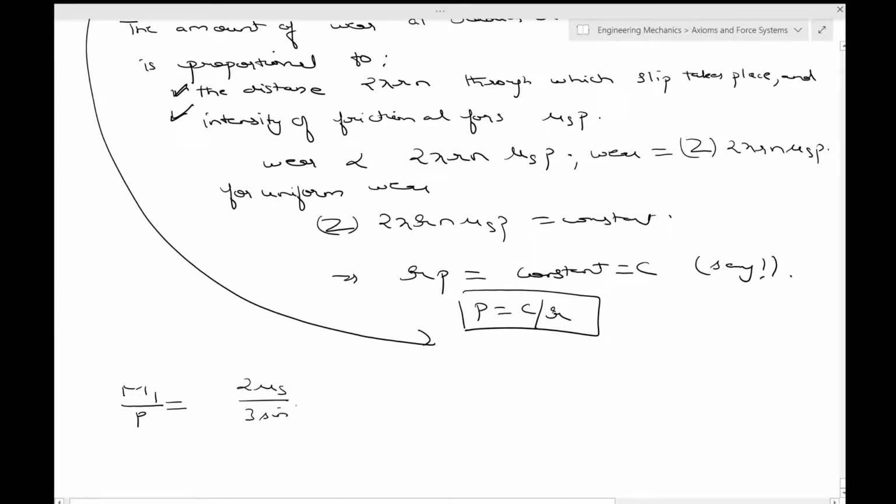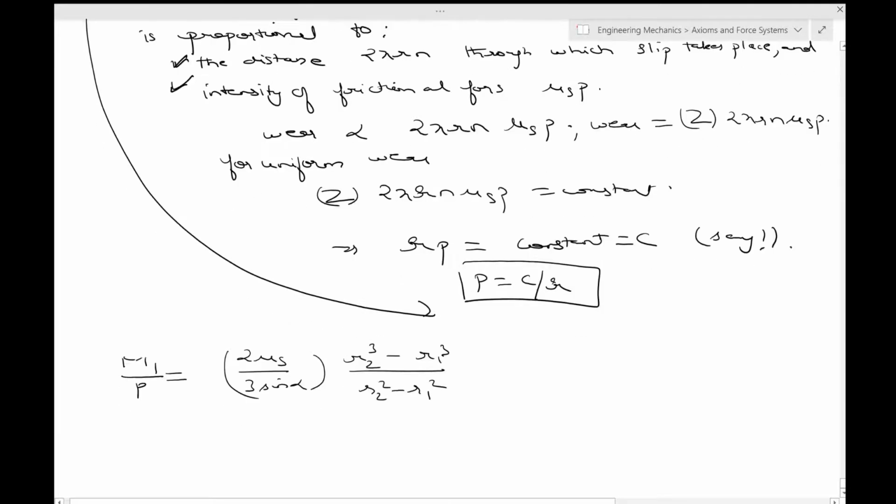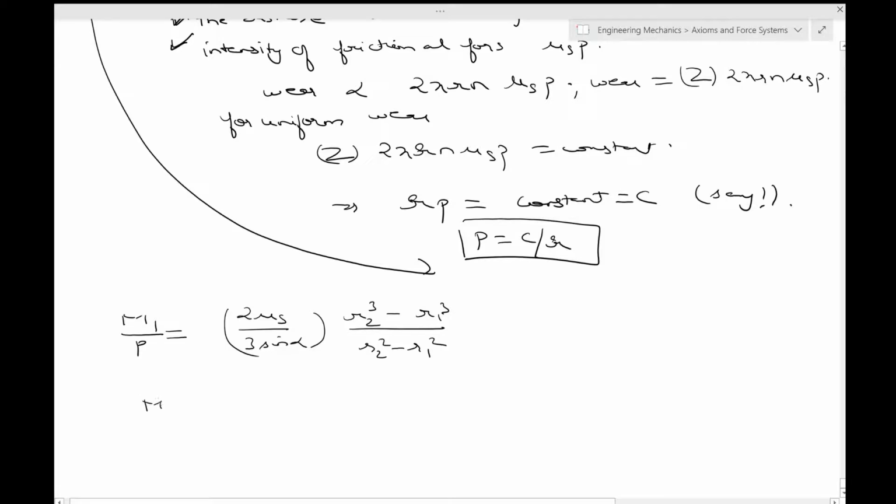It is equal to 2 mu s by 3 sine alpha, into r2 cube minus r1 cube over r2 square minus r1 square. And M2 by P, this is for the case of uniform wear, is equal to mu s by sine alpha into r1 plus r2 by 2.